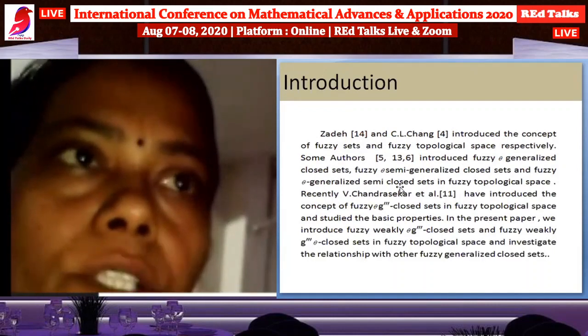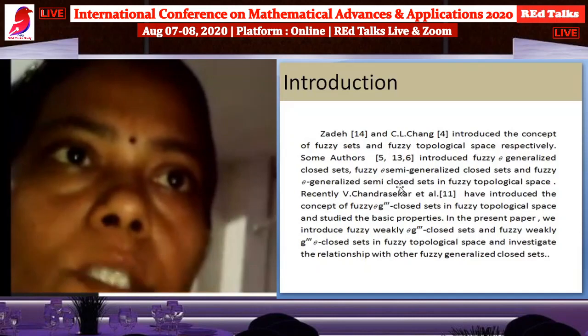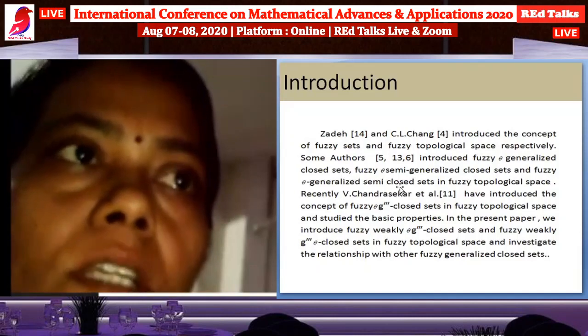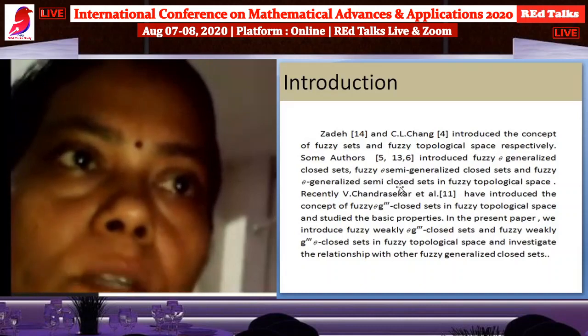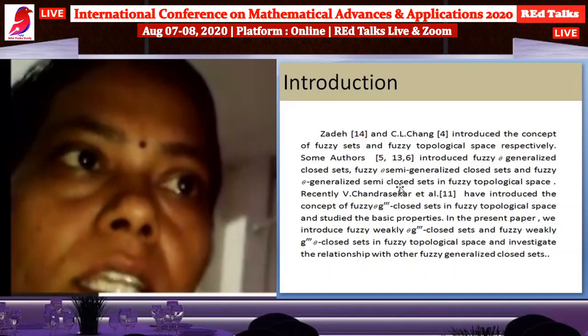Introduction. Zadeh and Chang introduced the concepts of fuzzy sets and fuzzy topological spaces, respectively. Some authors introduced fuzzy theta generalized closed sets, fuzzy theta semi-generalized closed sets, fuzzy theta generalized semi-closed sets in fuzzy topological spaces.